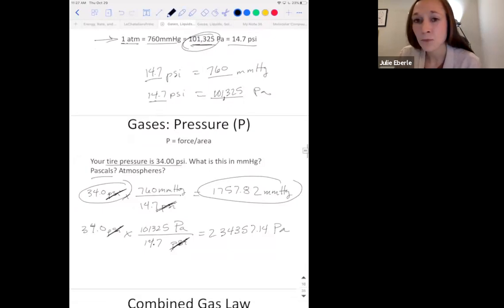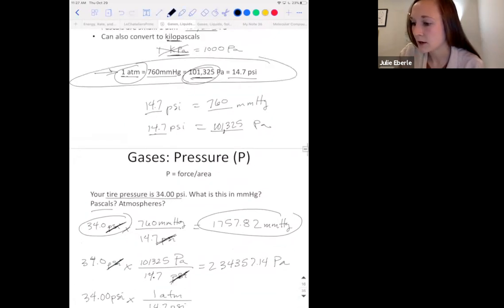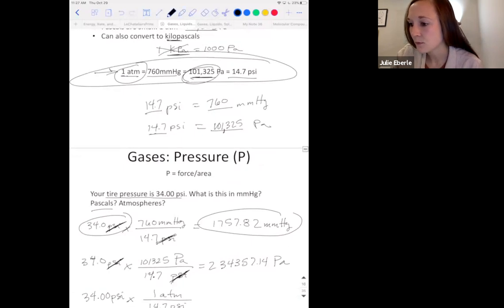Okay, lastly, the conversion to atmospheres is the easiest because it's 1 ATM that's related to all these other numbers. So start again, 34 PSI. How many atmospheres is this? Same number on bottom, 14.7 PSI is this time just 1 ATM. And where am I getting these numbers? I'm just looking right up here. Everything that's related, okay, is right there for you.